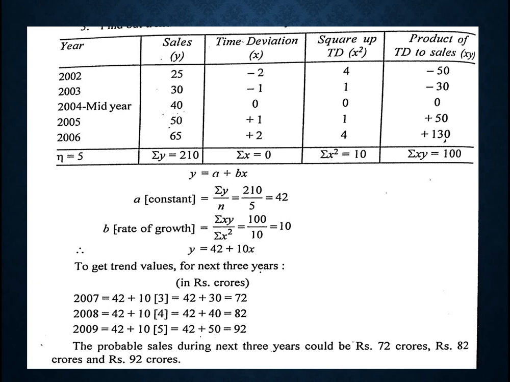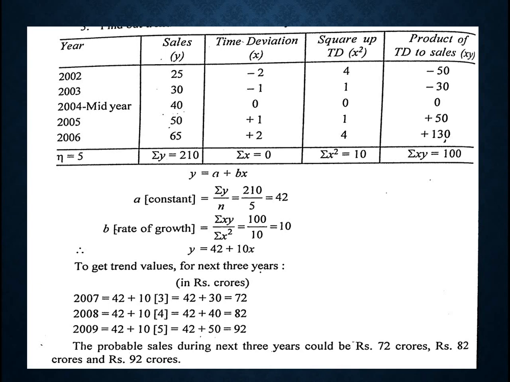So 42 plus 10 into 4, 40, so 42 plus 40 is 82. Next 2009, same formula. What is the a value? 42 plus b value 10. Next x value is 5, so 42 plus 10 into 5, 50, so 42 plus 50 is 92.